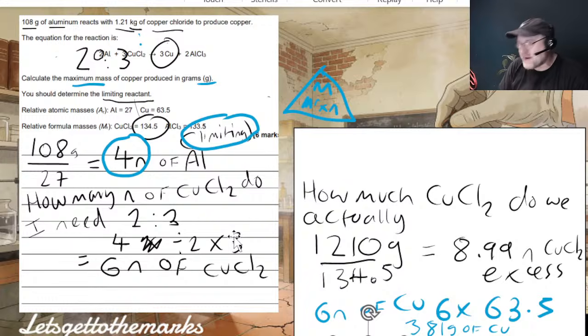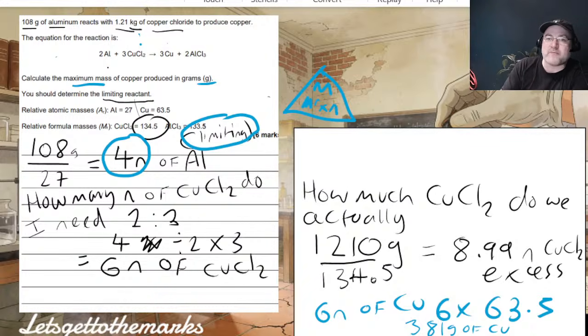Oh, Michelle, why did I use 6 of copper? How did I know it was 6 of copper? I sped through that bit of it. I used the 4 of the aluminium, but look, the ratio is exactly the same as our ratio of aluminium to copper chloride. Remember, that was 2 to 3, so it was 4 to 6. If this is 2 to 3, the ratio, and this is 4, then that is going to be 6.